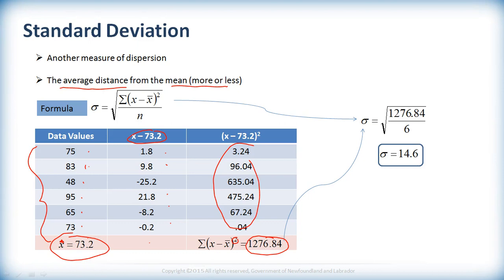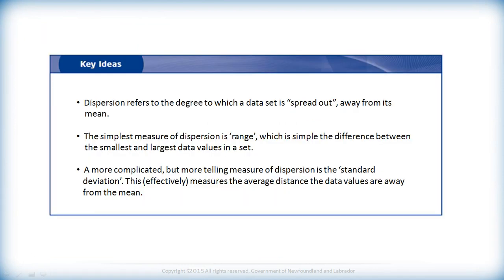And then we divide that by the number of data values we had, just like the formula says over here. And then we take the square root of the answer. So it says 14.6 is the standard deviation. So what that means is that on average, a typical data value here might be about 14.6 units away from the mean. Okay, so it's an average squared distance away from the mean, square rooted. We just usually think of it as an average distance away from the mean.